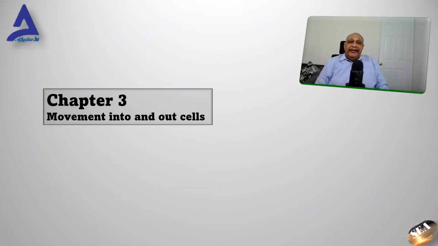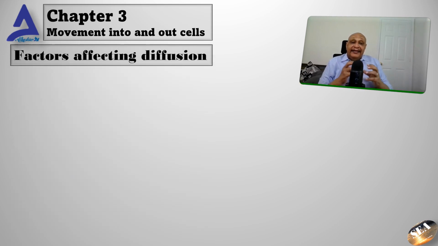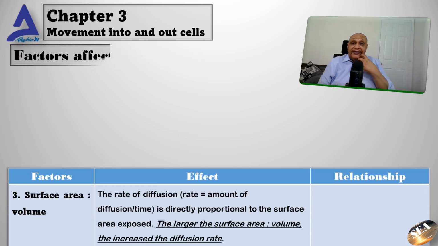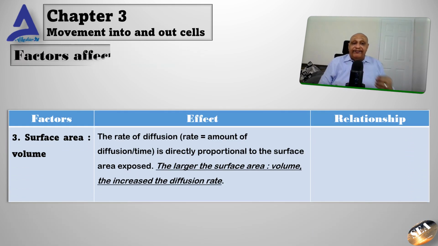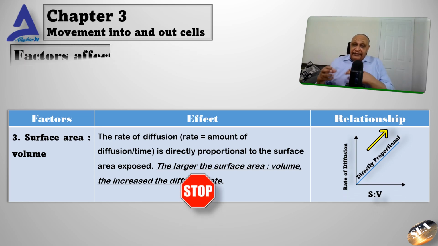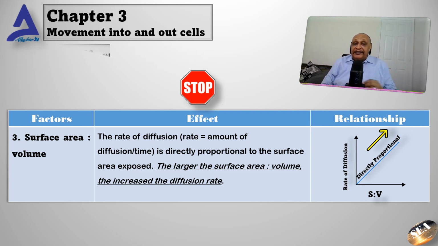Now the last, or actually the third factor that has a positive effect on the rate of diffusion is the surface area per volume, the surface area compared to the volume. The rate of diffusion is directly proportional to the surface area exposed.